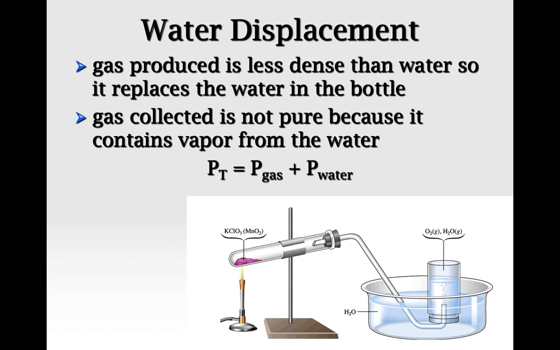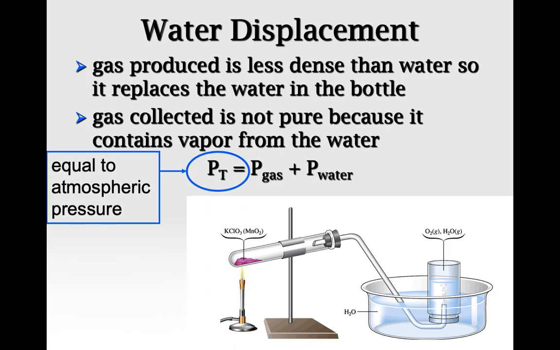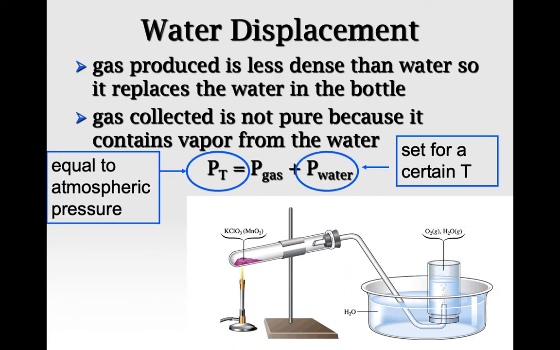So if you know the total pressure and you know the pressure of your water, all you have to do is subtract those two to find the total amount of oxygen, the P gas, pressure of the gas made in the experiment. So 760, and then we know the pressure of water. We can look that up on the internet. Depends, the temperature of the water plays a role in that. And then we're solving for the pressure of the gas, in this case, oxygen.